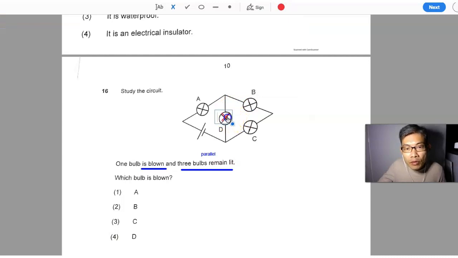Okay, if this one were to blow, current can still flow through, you see? The tree bulbs remain lit. Alright, so therefore, the answer for this is D.